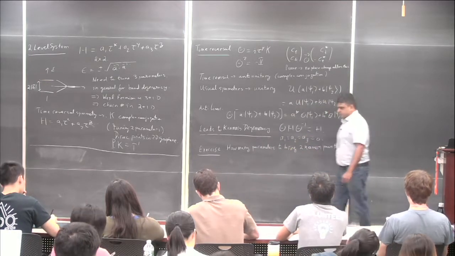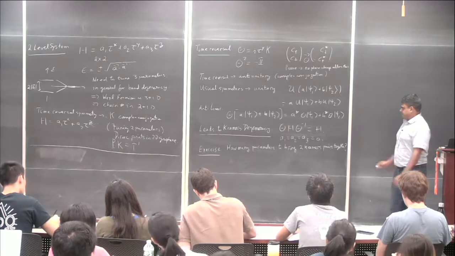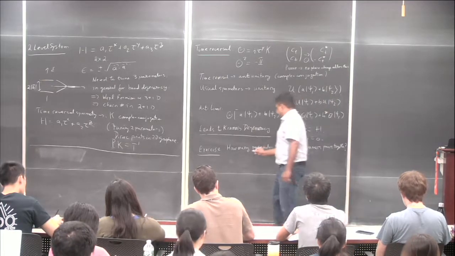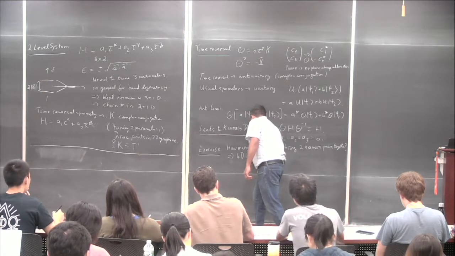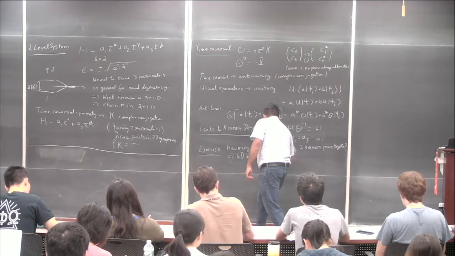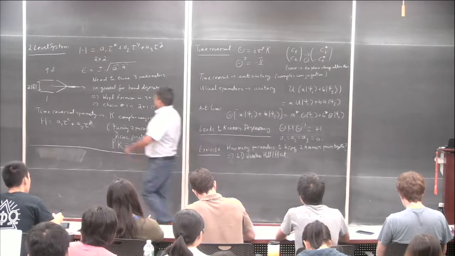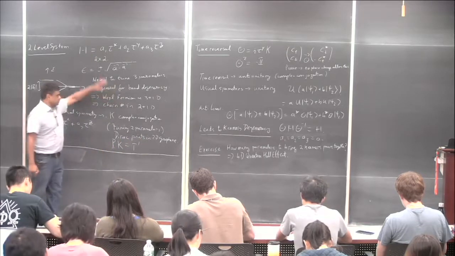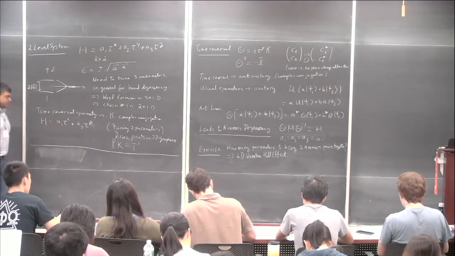How many parameters do you need to tune to bring two of these Kramer's pairs together? It turns out the answer is related to the so-called four-dimensional quantum Hall effect. Just like in this case, without any symmetry, tuning three parameters is related to the two-dimensional regular quantum Hall effect.